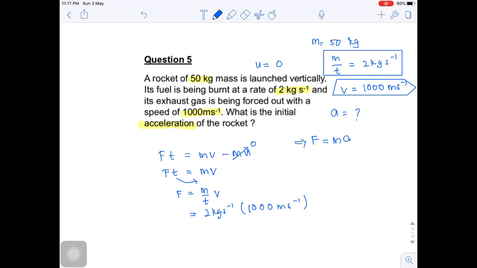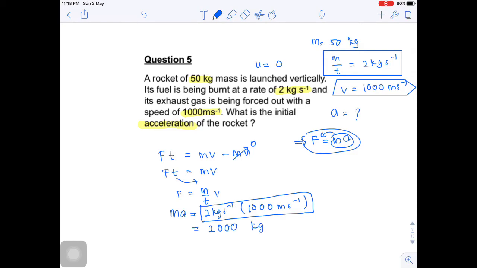So F is equal to ma. So we substitute ma into F. We solve this one first. 1000 times 2 equal to 2000 kg m s^-2, or Newton.